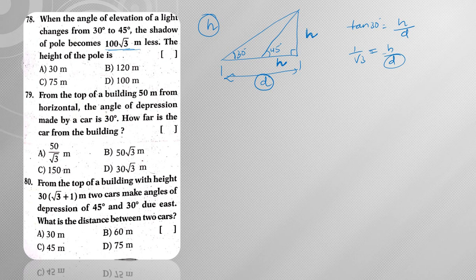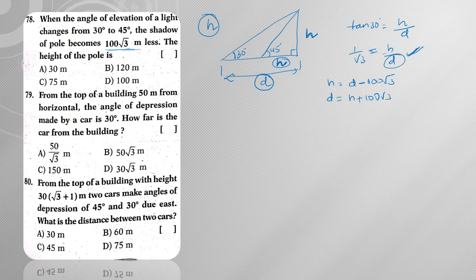Then this particular height I can write as d minus 100 root 3. Since I need the value of h, I need to eliminate the value of d. So d is equal to h plus 100 root 3.